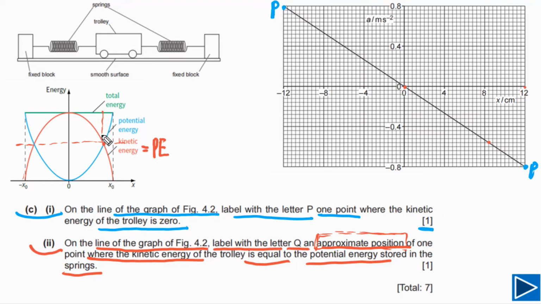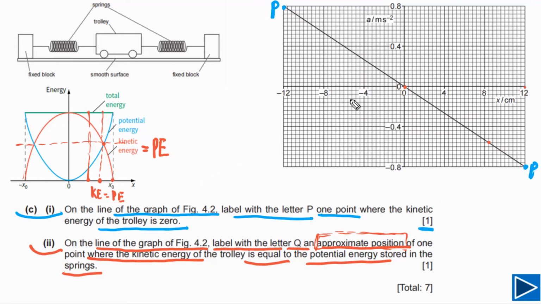We need to find out the displacement. This is the value of the displacement where kinetic energy is equal to potential energy, and this value we have to find out. Now if we divide this into two parts, this is about half of the amplitude, and the value where kinetic energy is equal to potential energy is halfway between the half value and the maximum value.